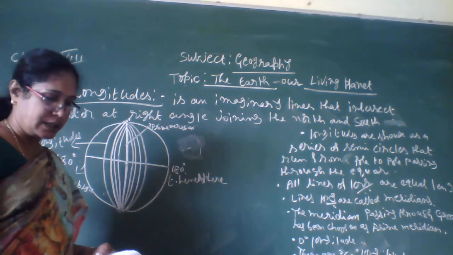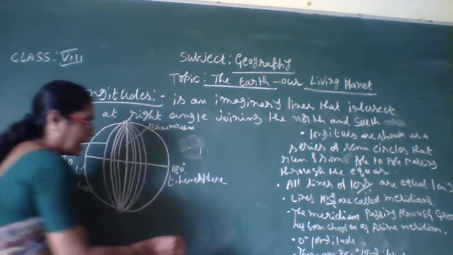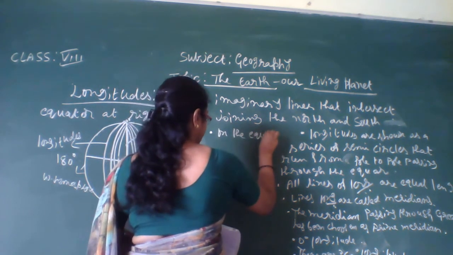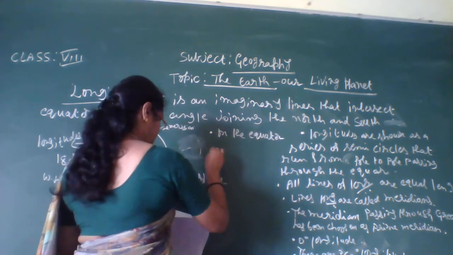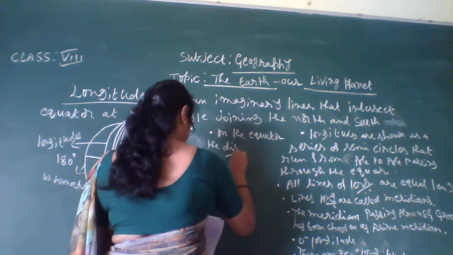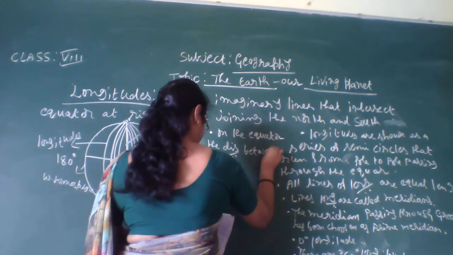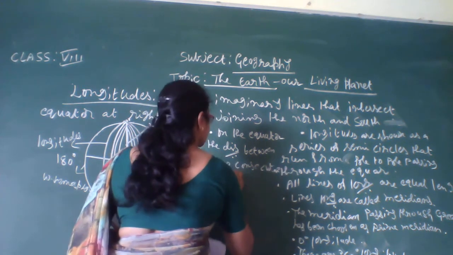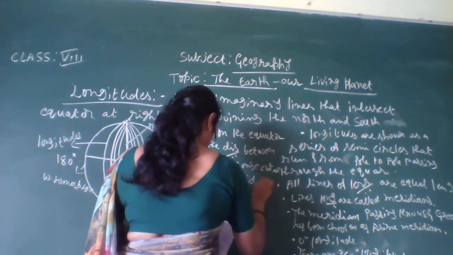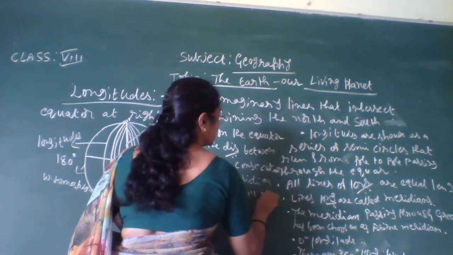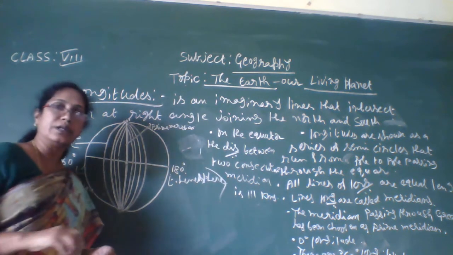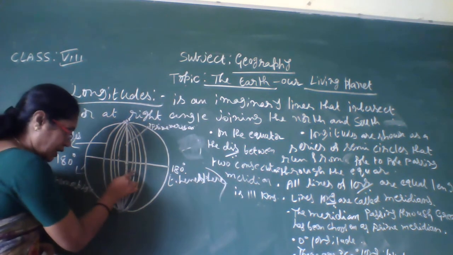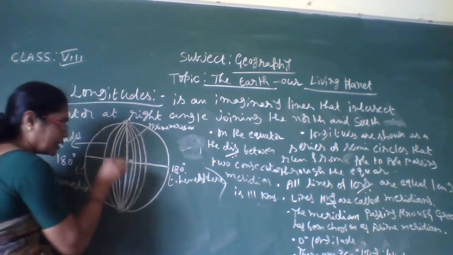On the equator, the distance between two consecutive meridians is 111 kilometers. There we said the distance from one latitude to another is 110.4 kilometers, while here the distance between one longitude and another is 111 kilometers.